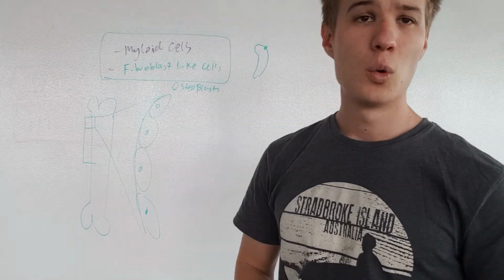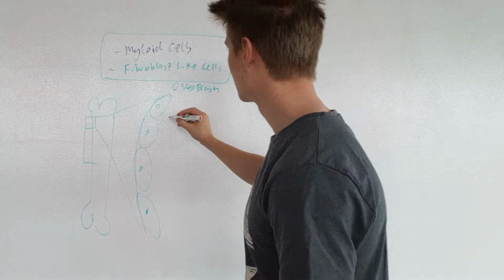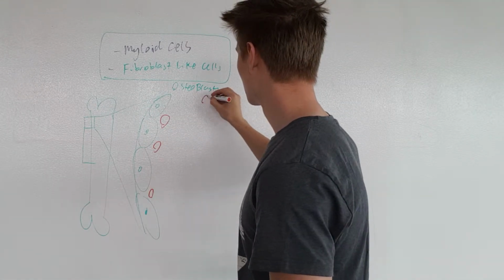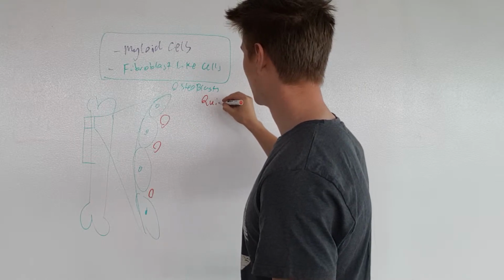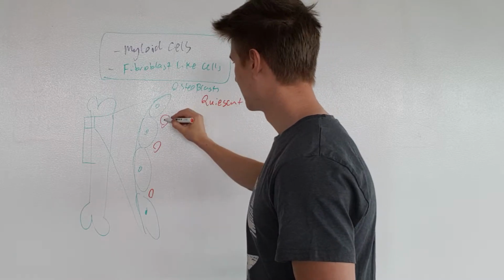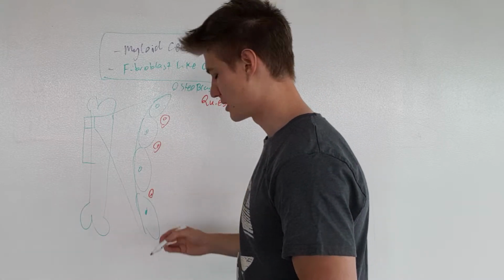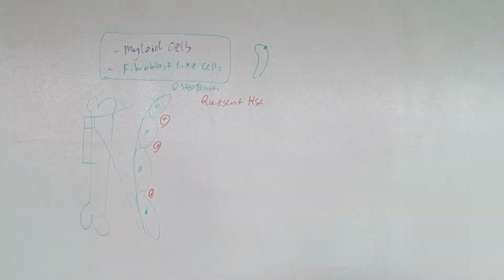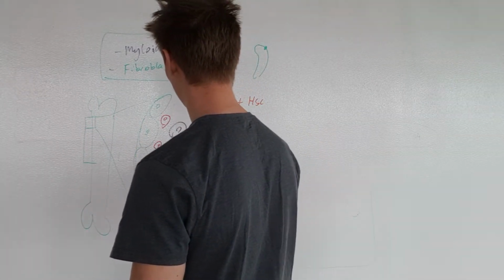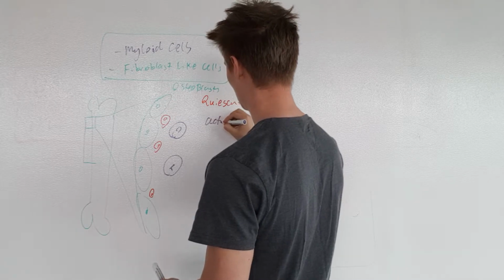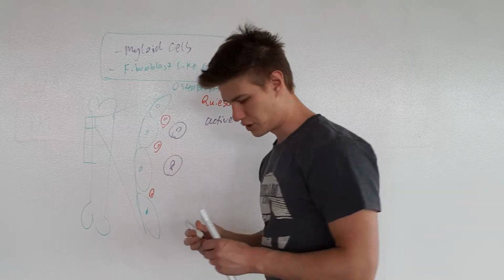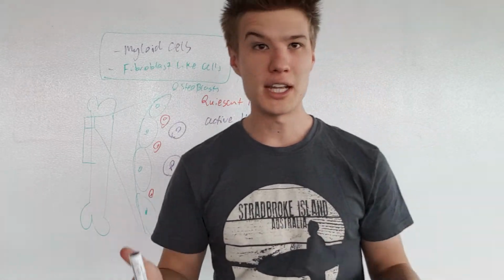In addition, we have quiescent HSCs, quiescent hematopoietic stem cells. And we also have active HSCs, which are a little bit further out. They're the same size.